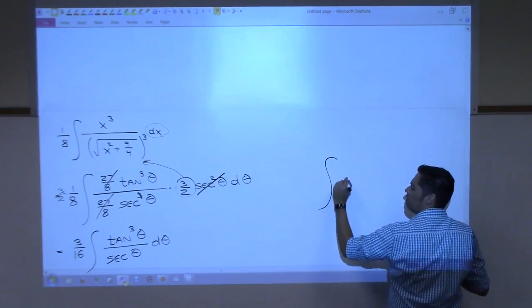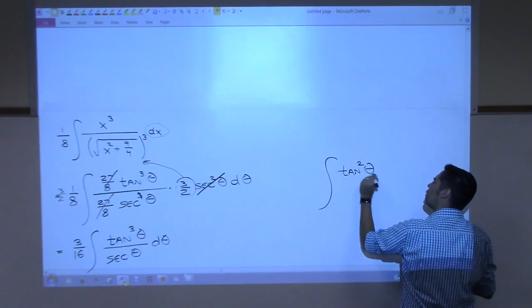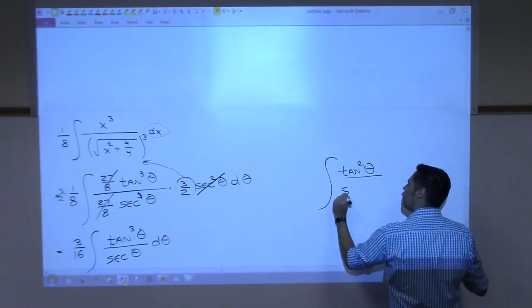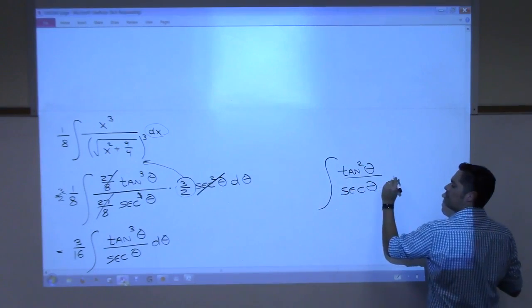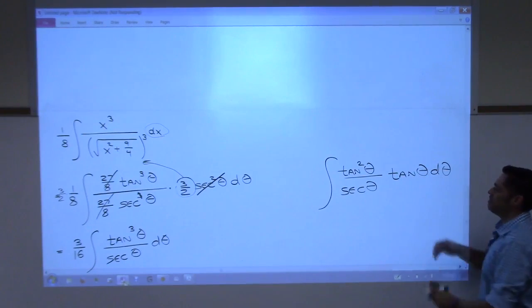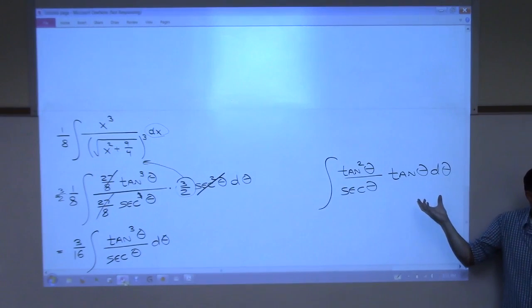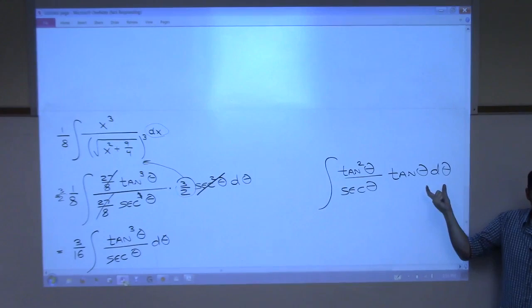So look, I'm just writing this down to think through it. If I peel out a tangent, I've got tangent over secant like this, and then a single tangent here. The problem with this is that tangent theta d theta is not the derivative of anything. But secant squared theta is, right? What identity?